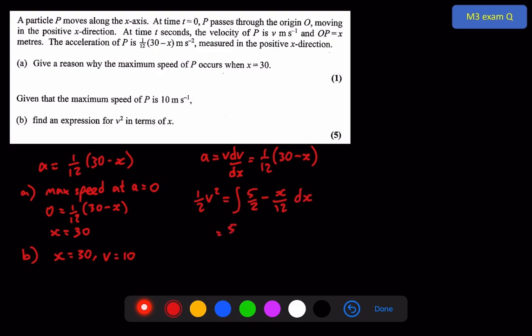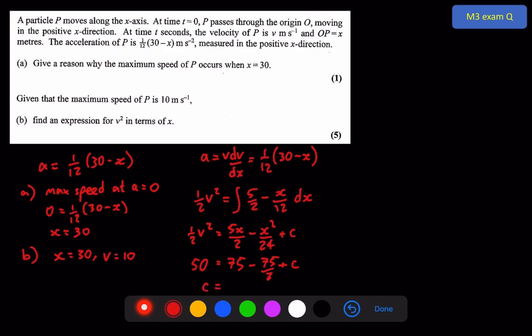And that gives 5x over 2 minus x squared over 24 plus c for a half v squared. Now our boundary conditions, x is 30 when v is 10. So we've got 10 squared, 100 divided by 2 is 50 here. And then x is 30, so that's 75 here. Minus 900 over 24. Grab a calculator, and that gives 75 over 2.